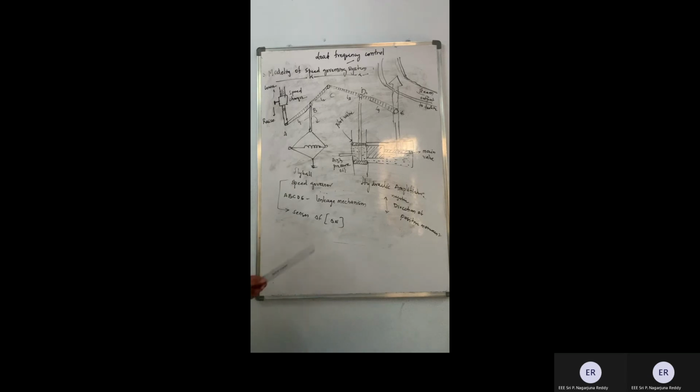Which means if speed is increased, frequency is increased, isn't it? So if the speed N increases, which means f increases, or vice versa. If N increases, then automatically what happens?